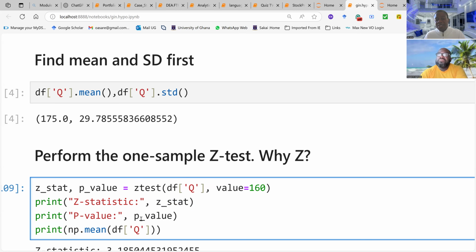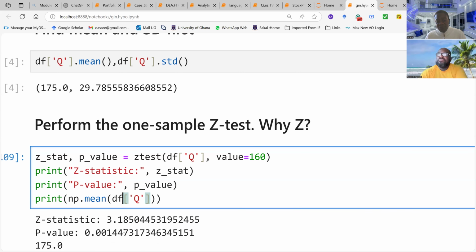Then we also check the p-value. Remember, you always want the p-value to be less than the alpha, which is the level of significance. Alpha was given as 5%. We are going to check the p-value against it. And here, I've also printed the mean again, so that we remember the mean. So this is your result. I just run this whole command.